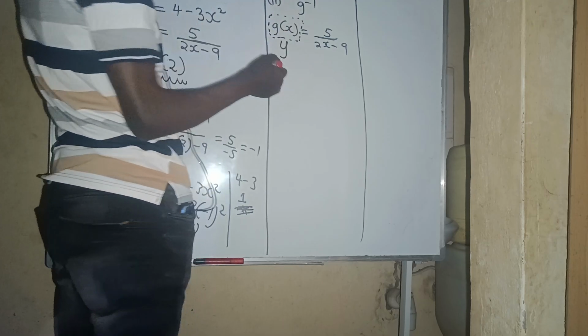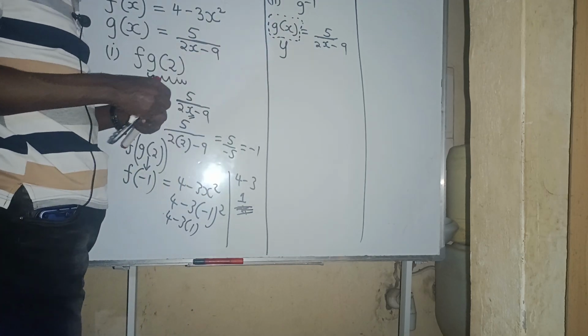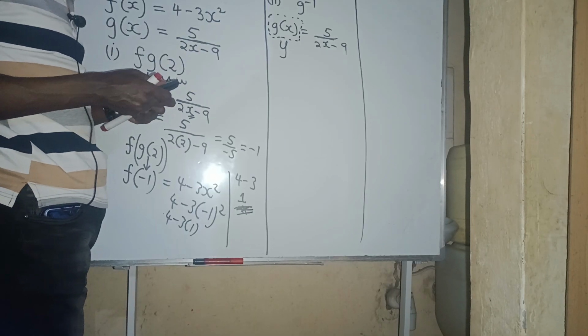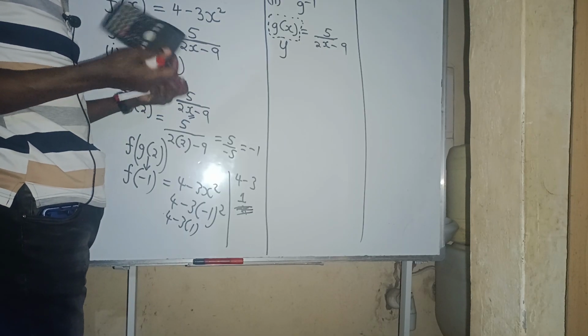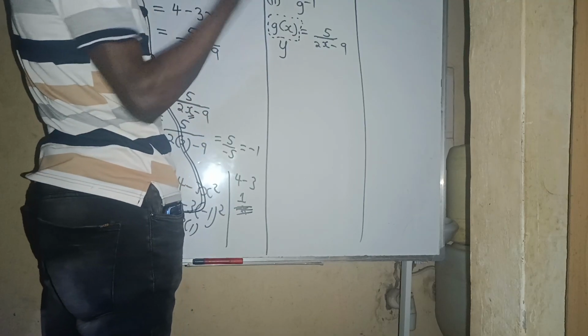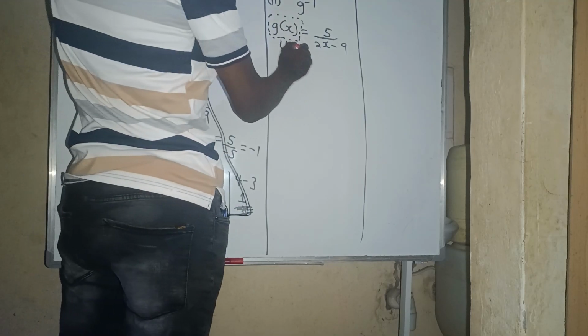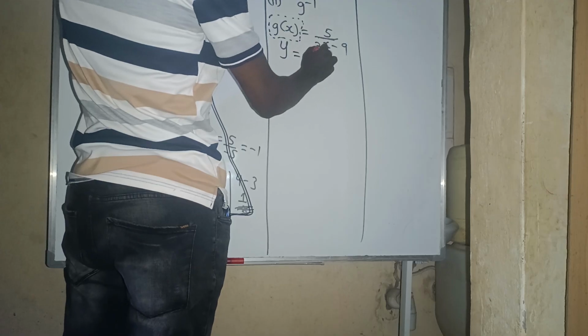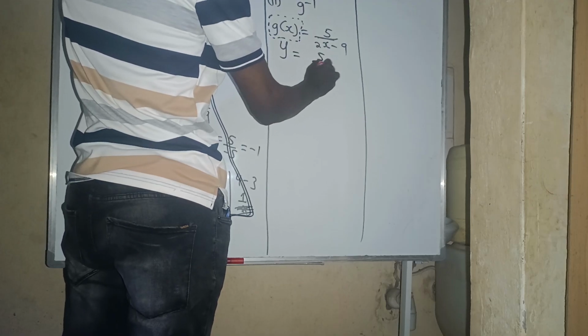You can only get the inverse of a particular function if you have both x and y, representing the y and the x-axis of the Cartesian plane, whatever the form in which the equation appears, whether quadratic or linear. So y is equal to 5 over 2x minus 9.